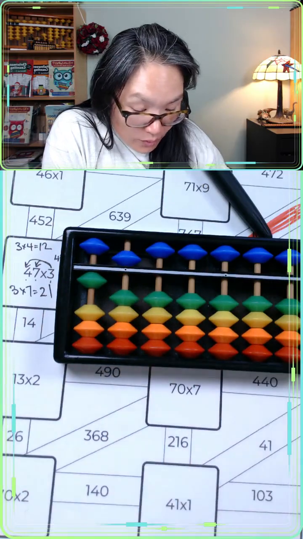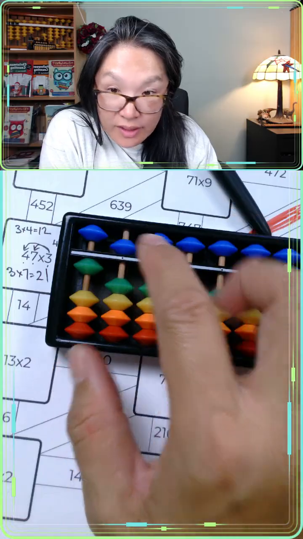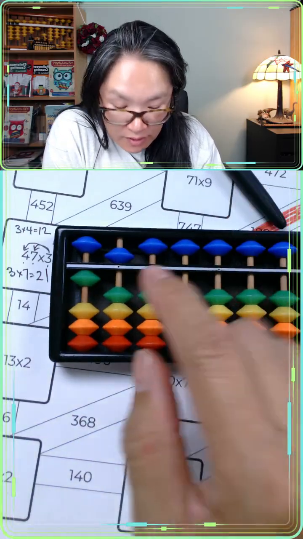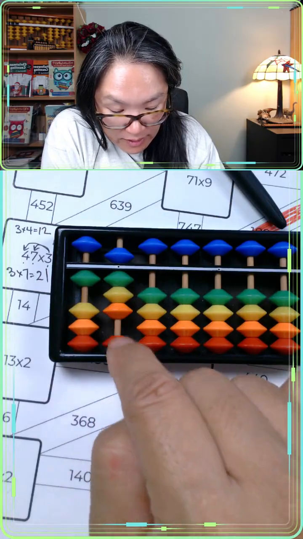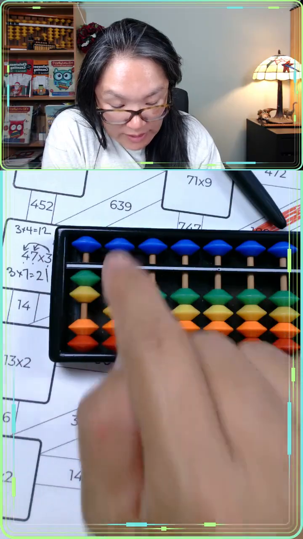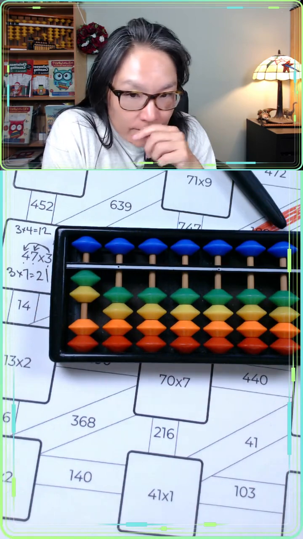Anytime the beads are touching the reckoning bar, it's being counted. This is 5, 6, 7, 17, 18, 19, and then we have 20. That's how you read the abacus.